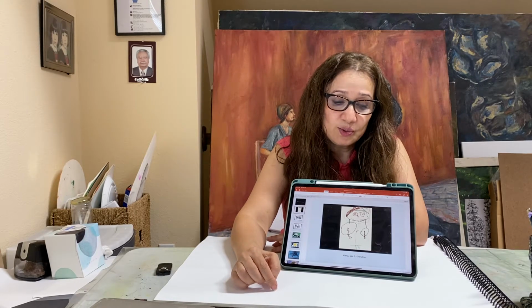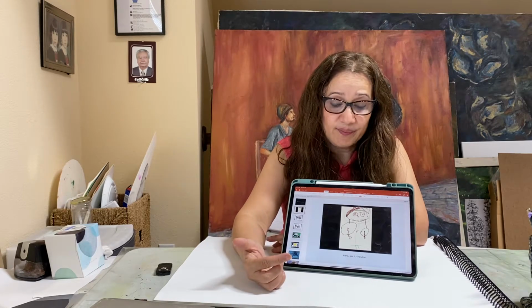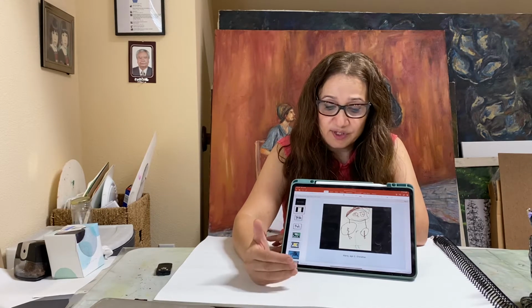It can be flat, it can show a fragment of the object, but the very important part is that when you look at abstract art, you can still recognize it. You can see it's a person here. This is a difference between abstract and non-objective that we're going to discuss later.